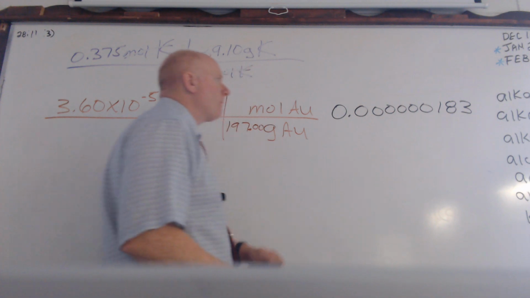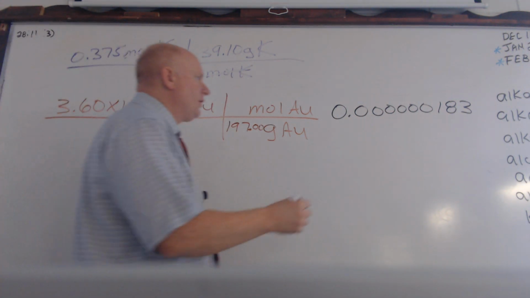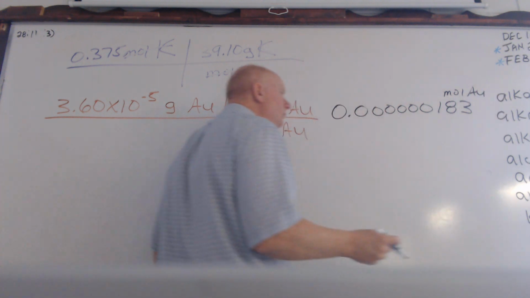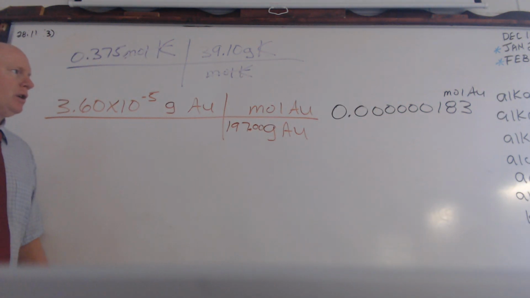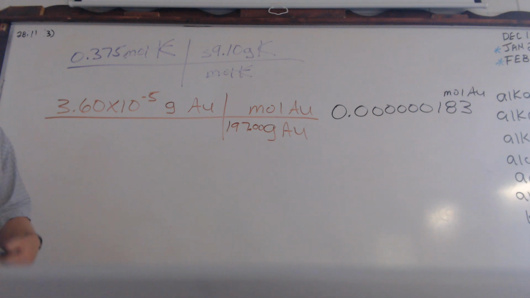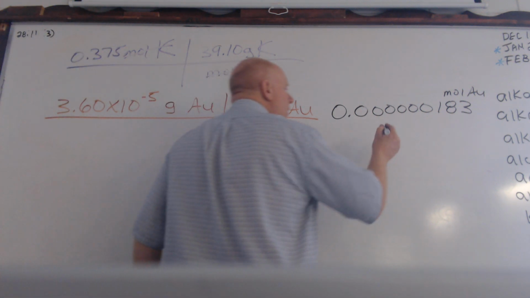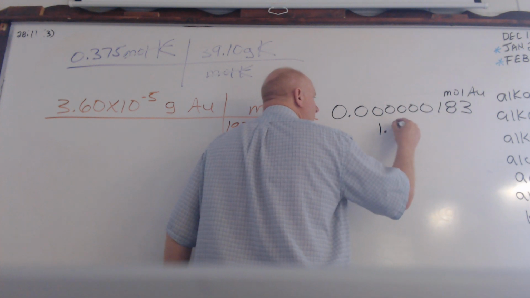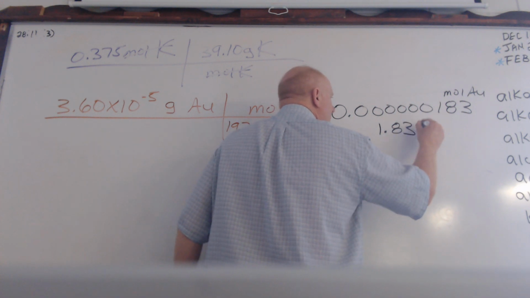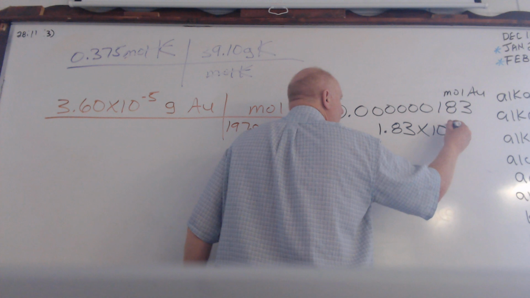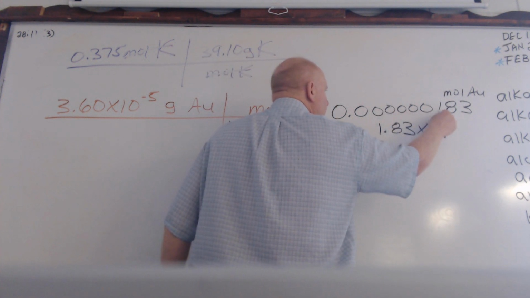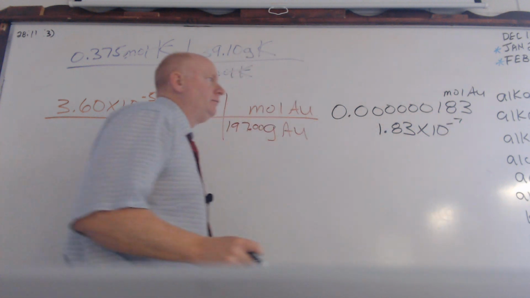Now that is moles of gold, mole Au. But if we were to convert that to scientific notation, this is what the author says: 1.83 times 10 to the negative 1, 2, 3, 4, 5, 6, 7. There we go.